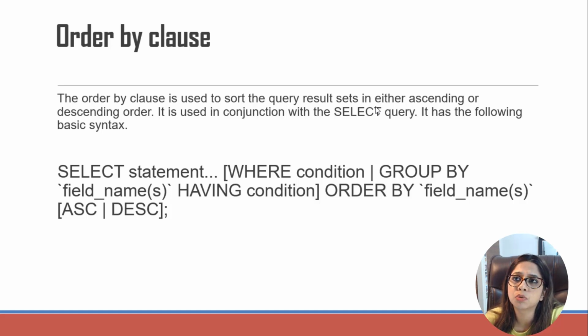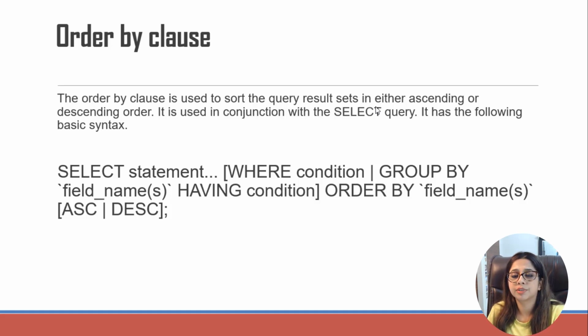Suppose we want to see the list of the employees on the basis of their salaries, with people getting the highest salary on the top and so on. Or let's say we want the people to be seen in alphabetical order. So we would want that sorting to happen.